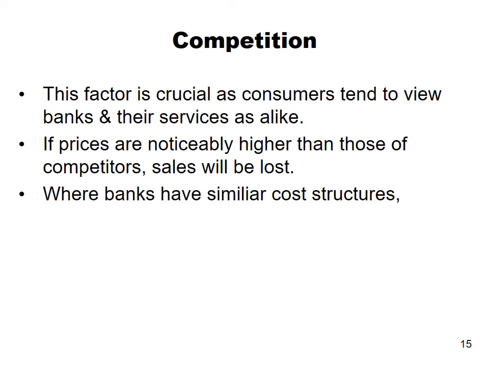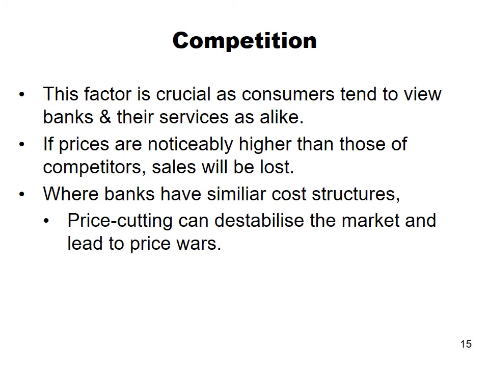Where banks have similar cost structures, price cutting can destabilize the market and lead to a price war. The final result is that the total revenue for all the banks will drop because all the banks are cutting the price down. So sometimes the banks would not be in favor of this, because it ends up a lose-lose situation.